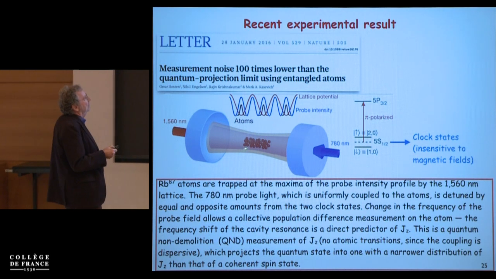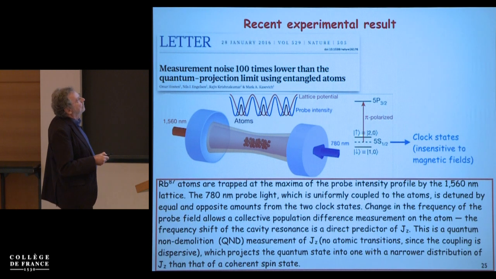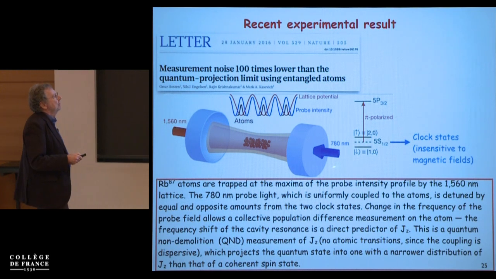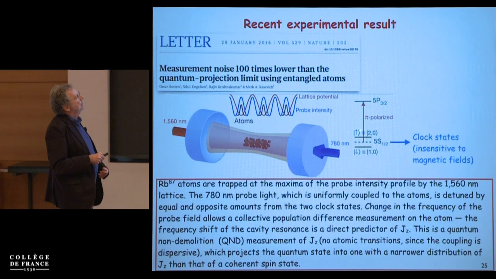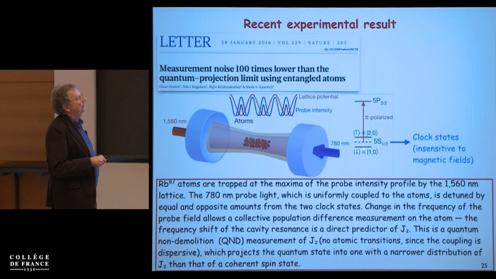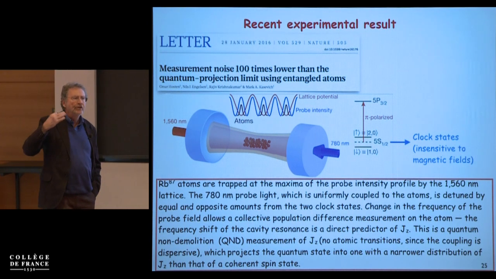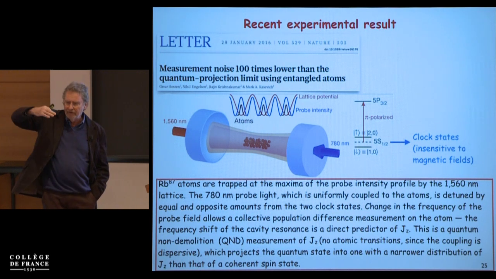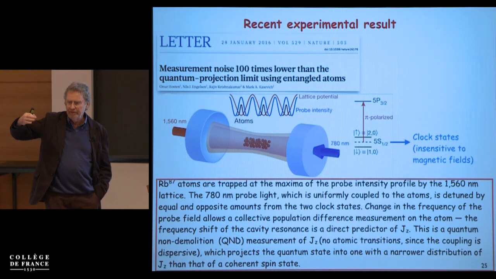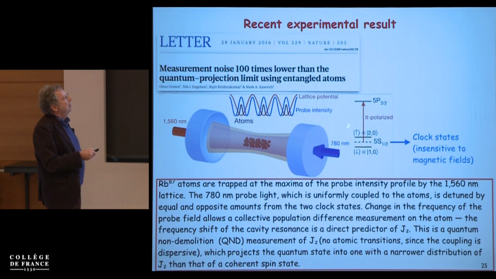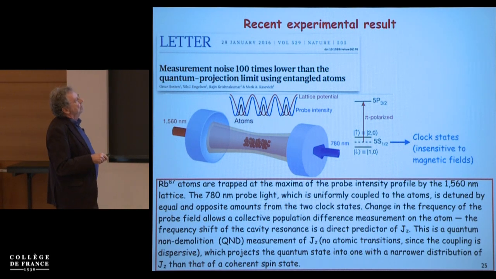Now, this field is actually tuned so that its interaction with these atoms is a dispersive interaction. These are rubidium atoms, and these are clock states of the rubidium atoms. That means that they are insensitive to magnetic fields, a magnetic quantum number equal to 0. Okay? And that's the configuration.